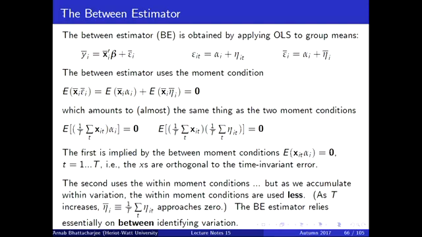The first differencing moment conditions, the fixed effects moment conditions. Everybody together on that? I don't have to go over that again, right? So that we have covered last time. So we are going to take that as a given, and that will be the starting point for today's lecture. Okay? Everybody on the same page?